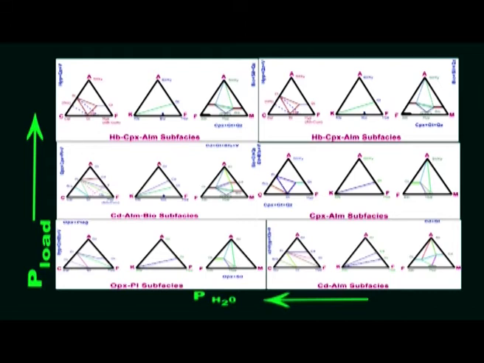The cordierite-almandine subfacies occupies the relatively low load pressure region of the granulite facies environment. This facies is thus a transition between the orthopyroxene-plagioclase subfacies and the pyroxene-hornblende subfacies at higher and lower pressure respectively. The corresponding subfacies at relatively higher P water is the cordierite-almandine-biotite subfacies.